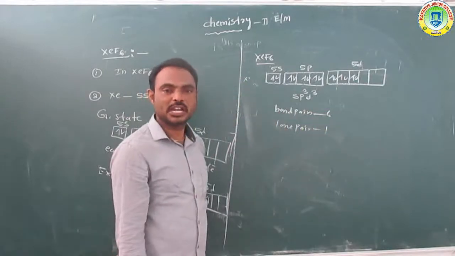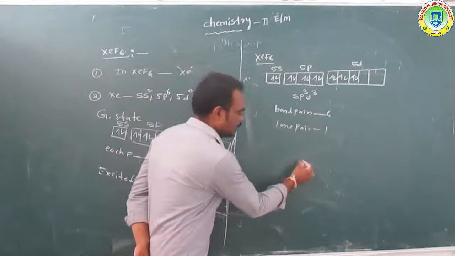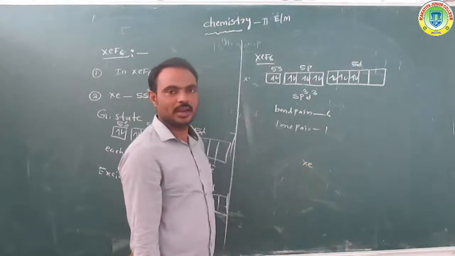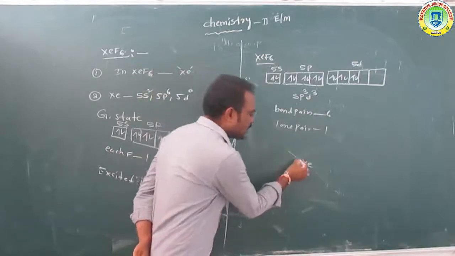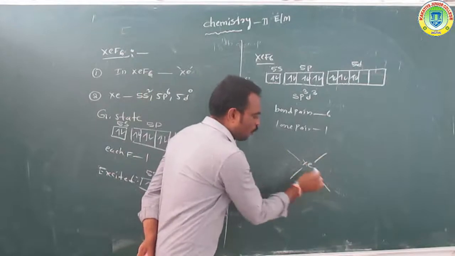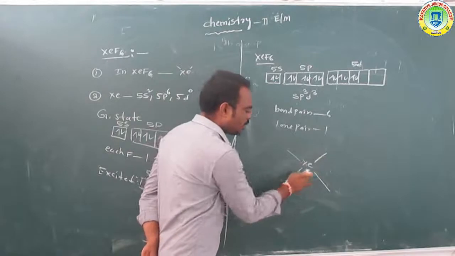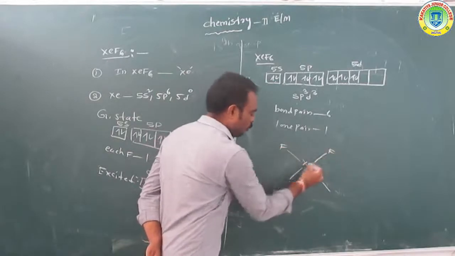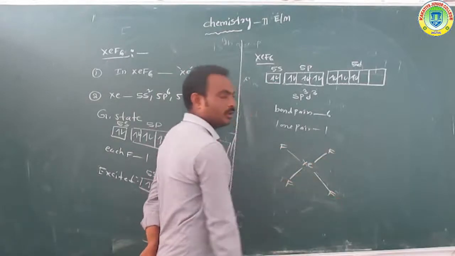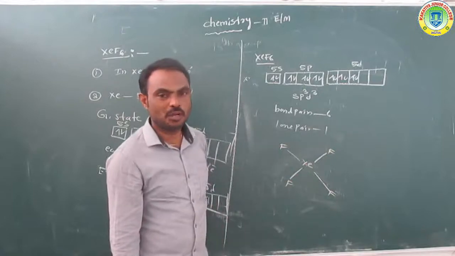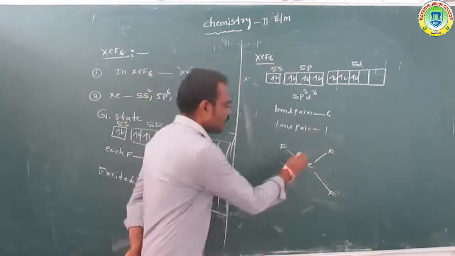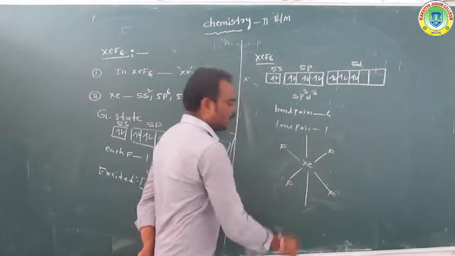What is the structure of XeF6? The central atom is xenon. It is attached with 4 fluorine atoms at 4 corners of xenon with single bonds or sigma bonds, one above and one below.